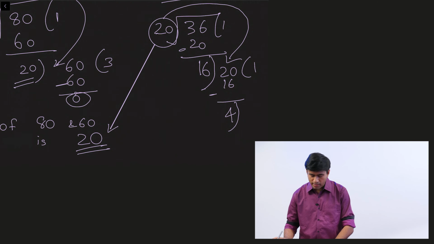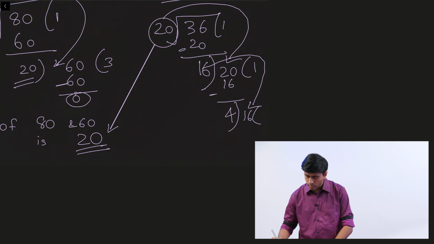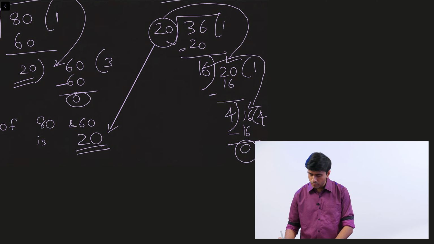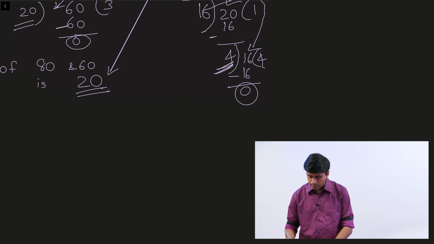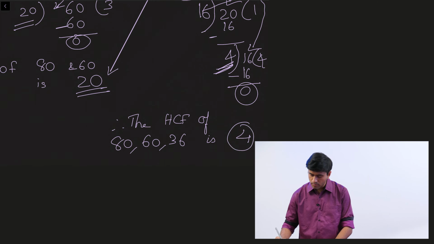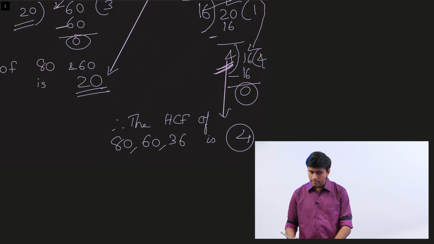We continue this process till we get the remainder 0. So 16 is again brought here. Then 4 fours are 16. Remainder is 0. So therefore, you need to take the last divisor, that is 4. Therefore, the HCF of 80, 60, 36 is 4. This is how you are able to find the HCF using long division method.